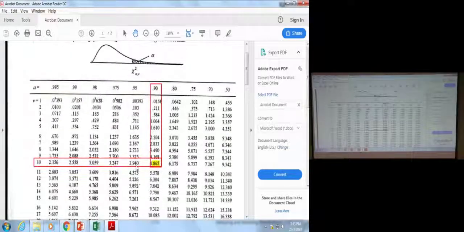How to read it? Only one particular distribution is given in one row, and it only gives you a few points. The highlight here, for example, 4.865, refers to a chi-square distribution with 10 degrees of freedom.